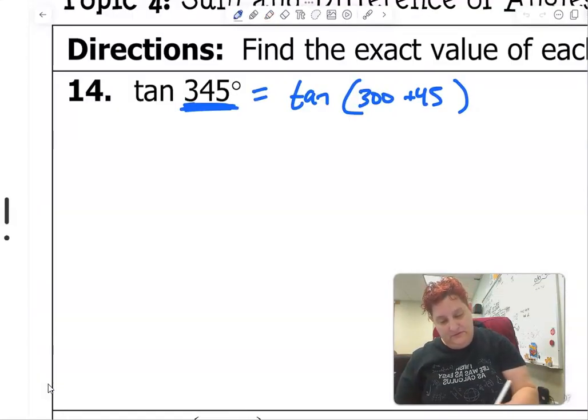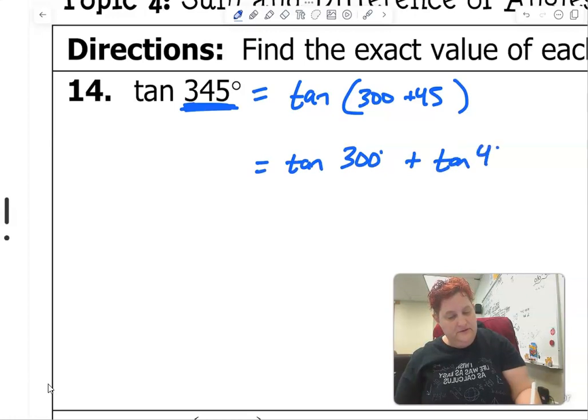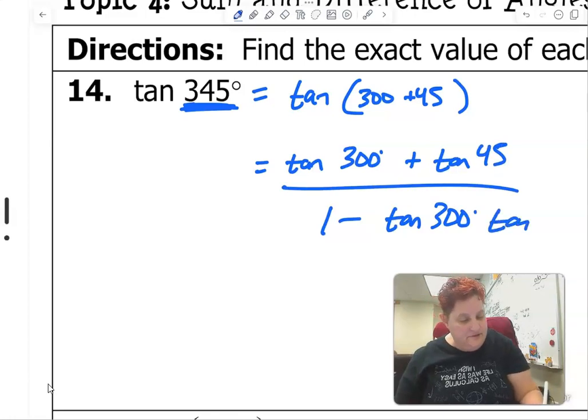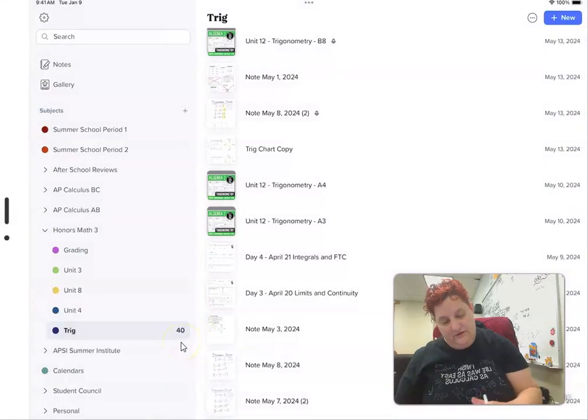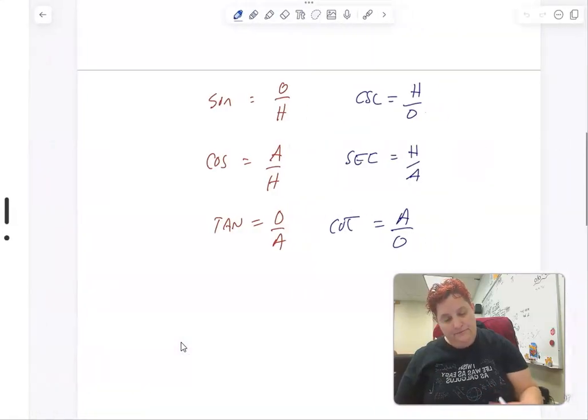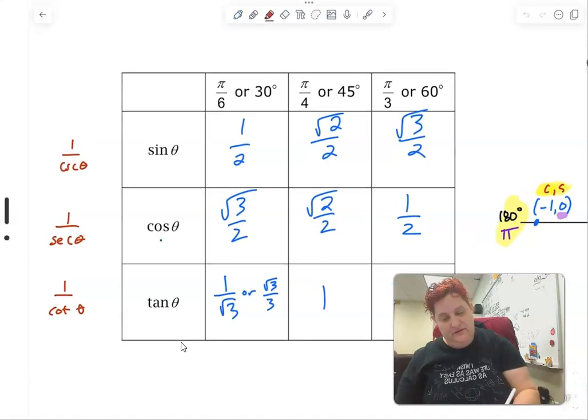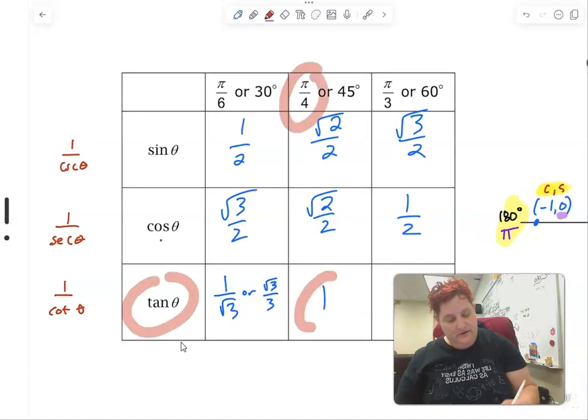So this becomes tan A plus tan B, and then 1 minus tan A times tan B. Now you look on your best friend chart, tangent 45, you just look here, is 1. So I'm going to use 1 for that.